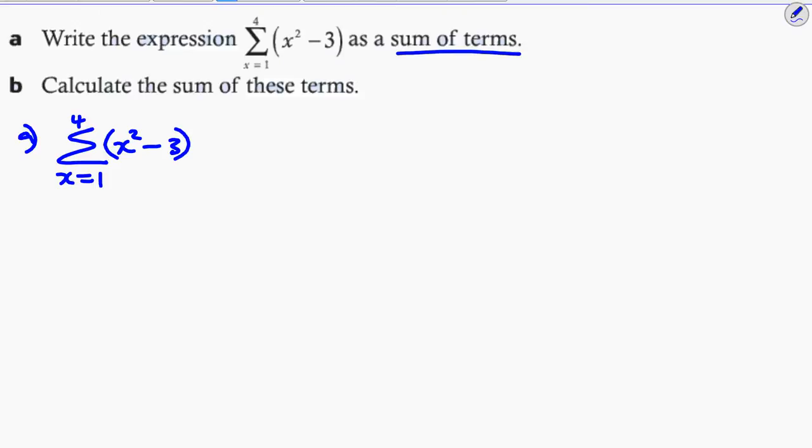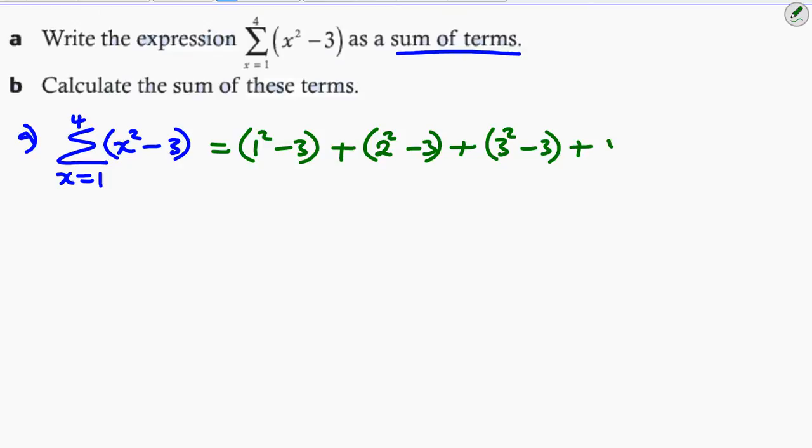So this is our nth term, and we can use that nth term to generate a series from x is equals to 1, so that will be 1 squared minus 3 plus 2 squared minus 3 plus 3 squared minus 3 plus 4 squared minus 3.